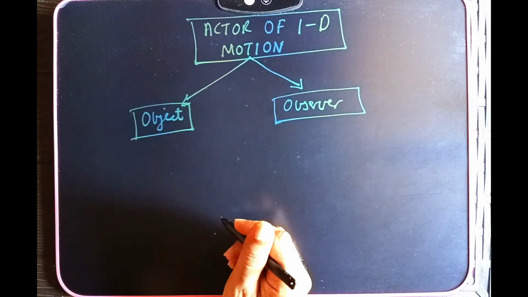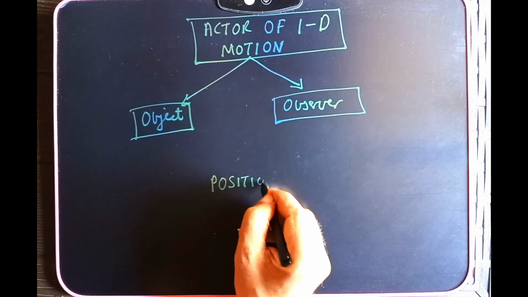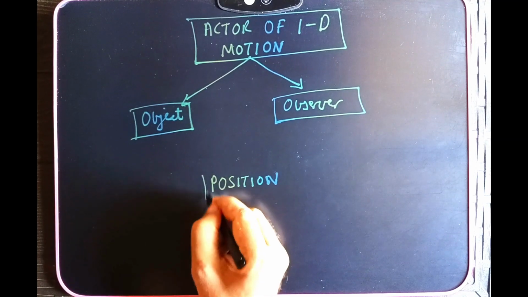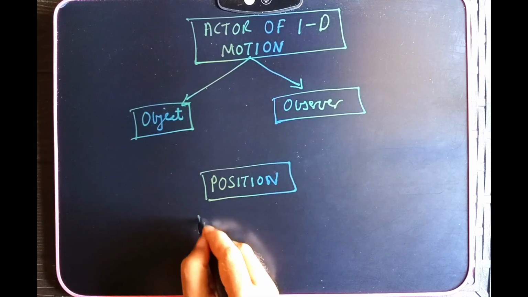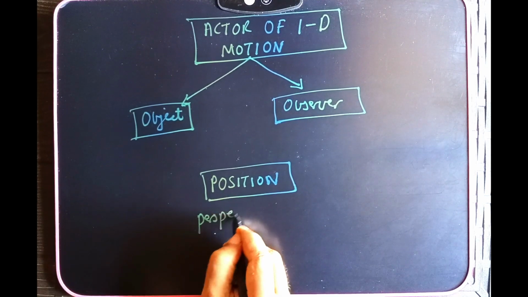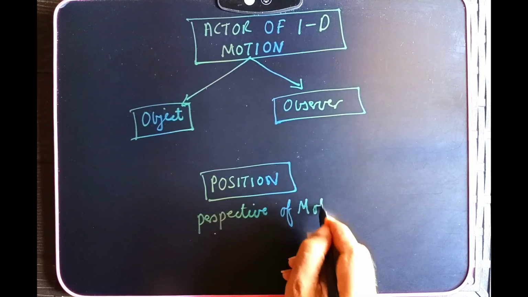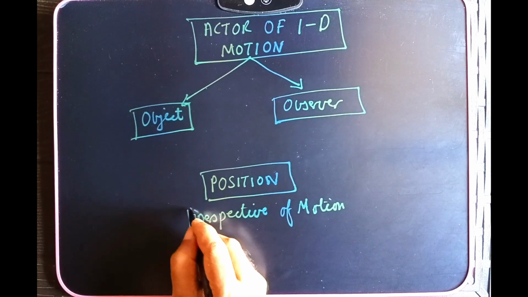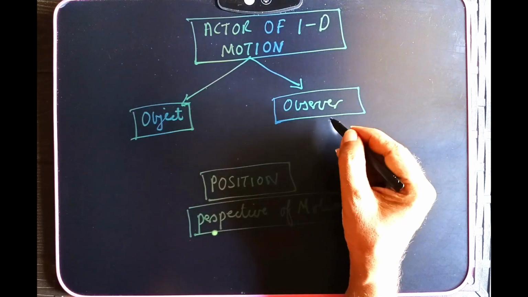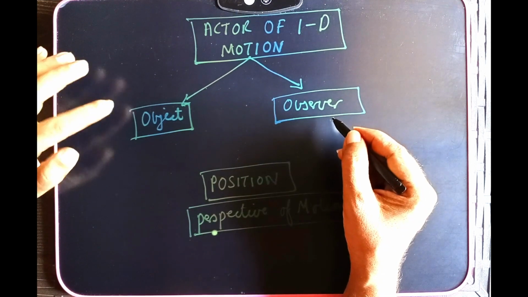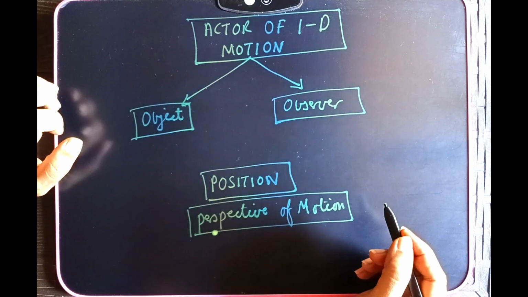Another important principle of motion is the position. This position gives the perspective of this motion. Depending on the position of the observer, he might see that the object is moving in a particular fashion.